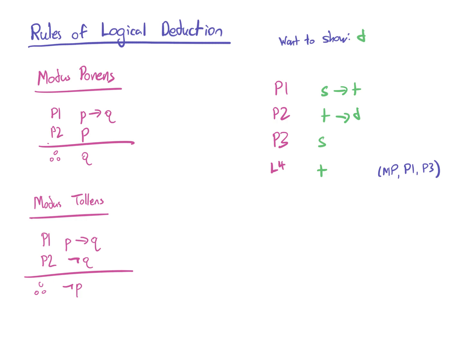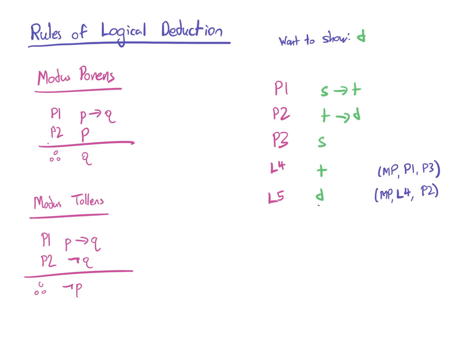Now I can write another line. I'll call it line 5. And I'm just going to do the same thing again. I notice that I have T and I have T implies D. So if I use modus ponens again, I can infer D. This time, one of the inputs to my modus ponens was line 4, and the other input was premise 2.